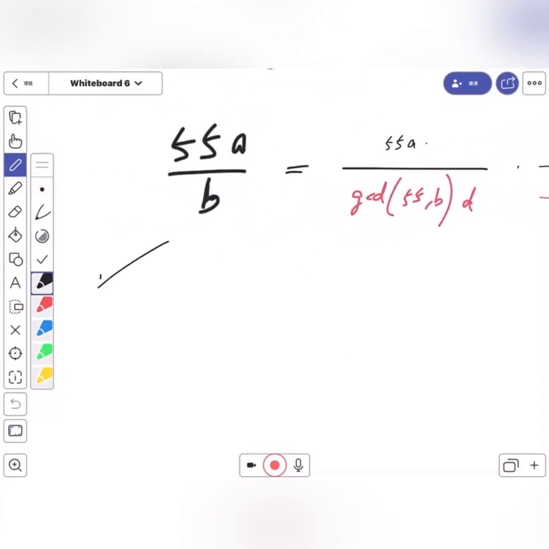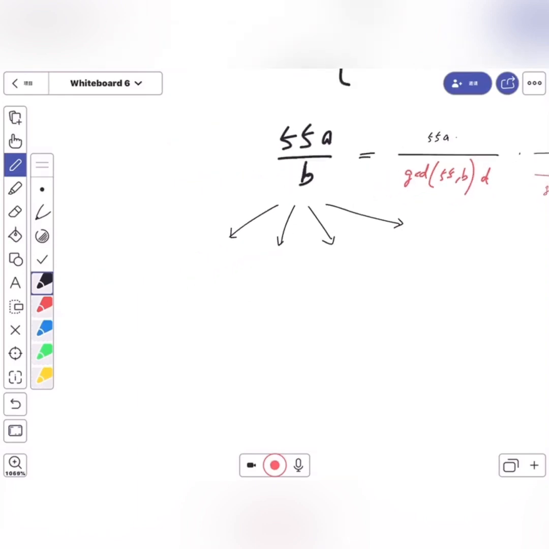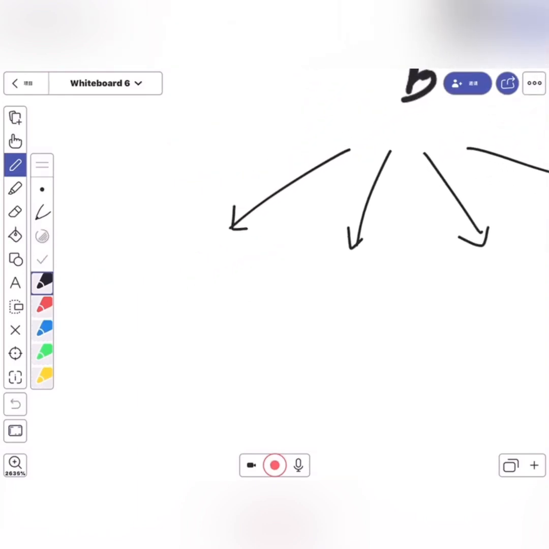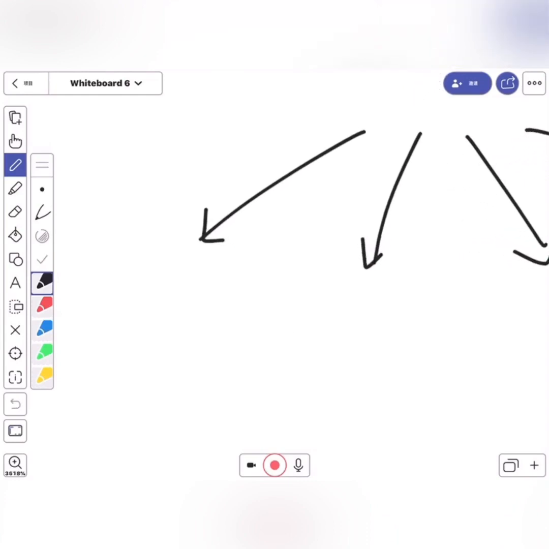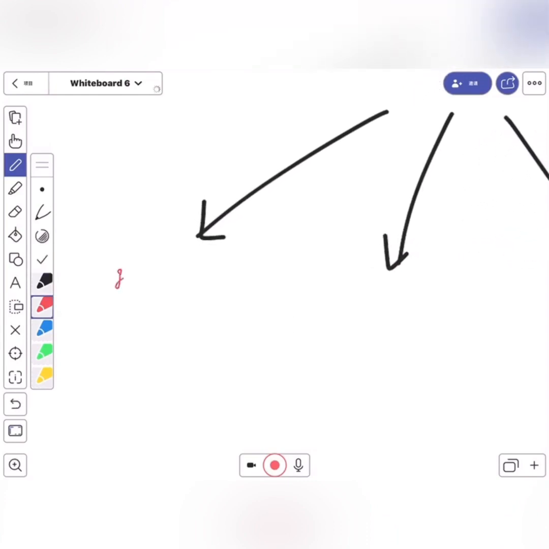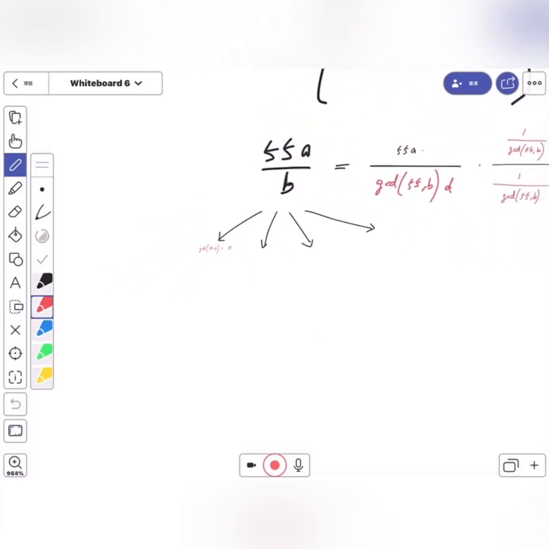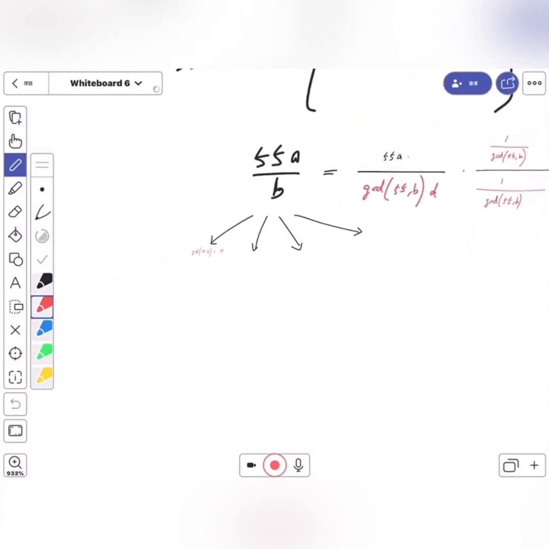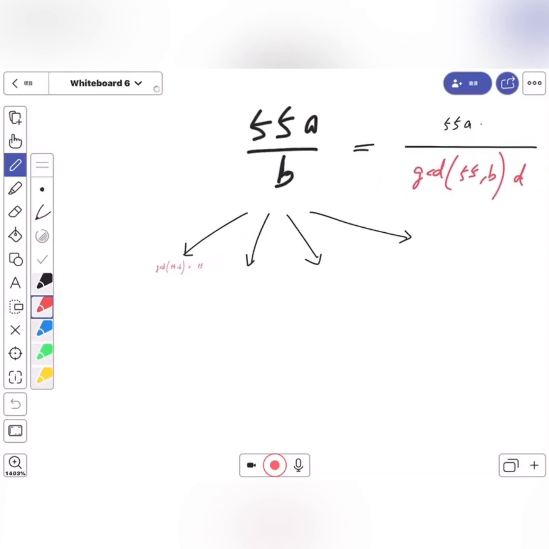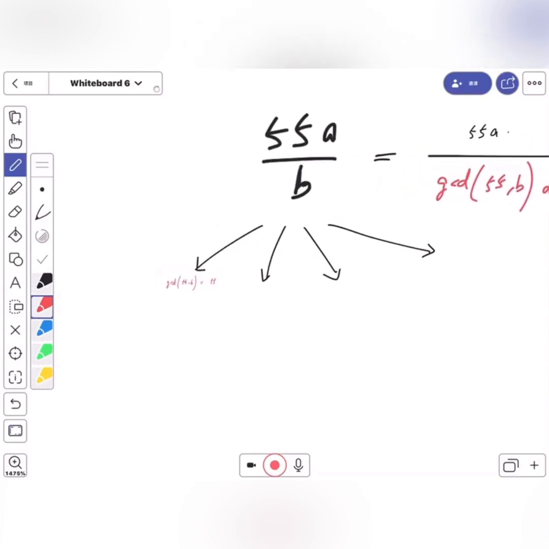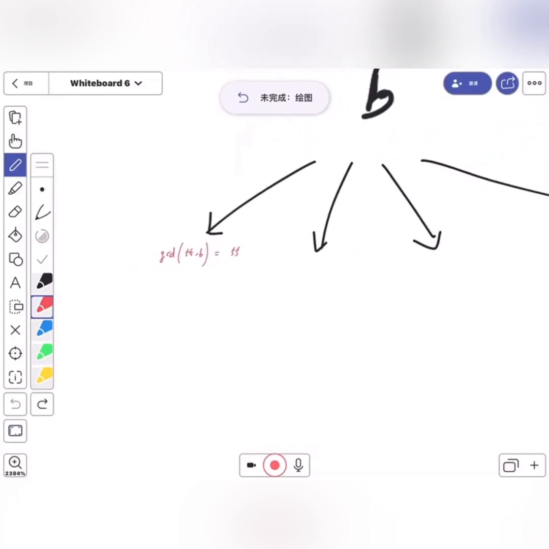So we're going to have 4 cases, because as I mentioned, there are 4 divisors of 55. So first we're going to have GCD of 55 comma B equal to 55, which means that this is not even the most simplified form. We're going to divide both sides by 55.